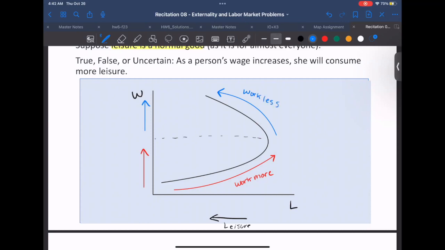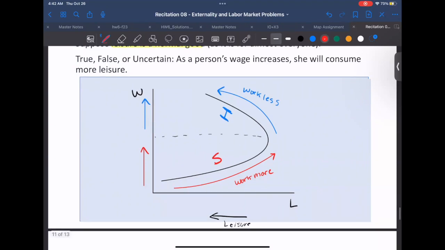So this effect here is going to be the income effect, and this effect here is going to be the substitution effect. And then just to clarify some things here, this is going to be hours worked, and then this is going to be the rate in dollars.